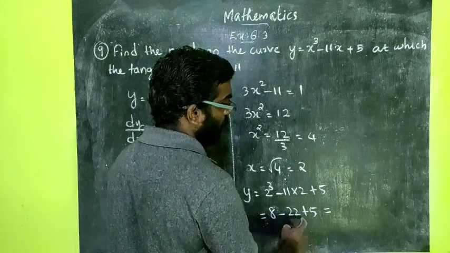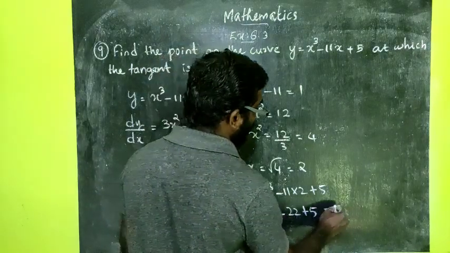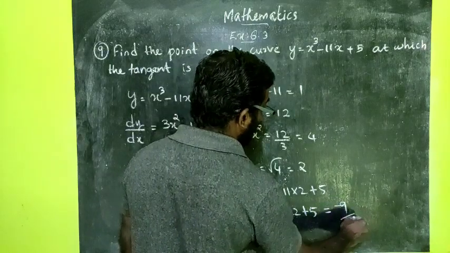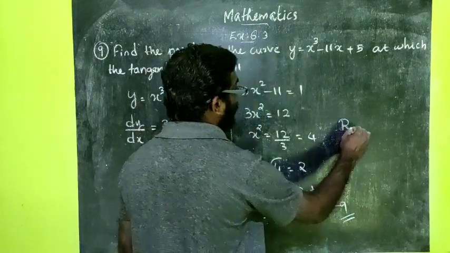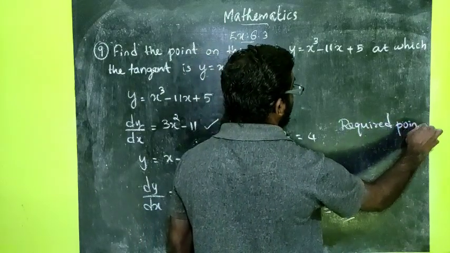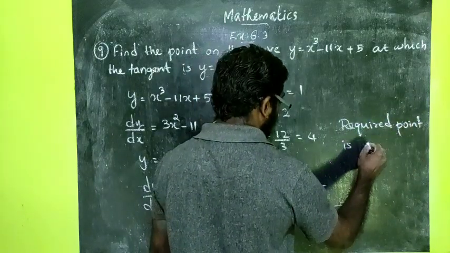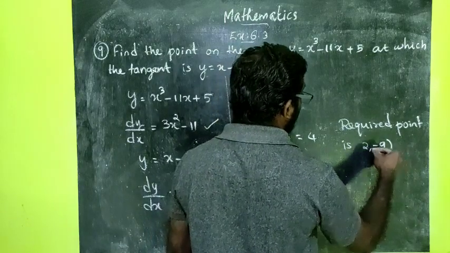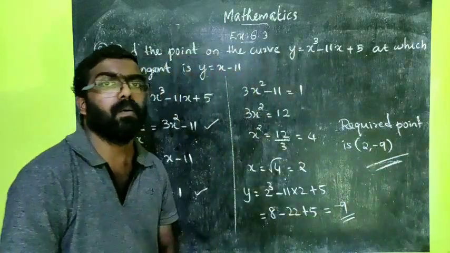Minus 14 plus 5, that is minus 9. So the required point is (2, minus 9).